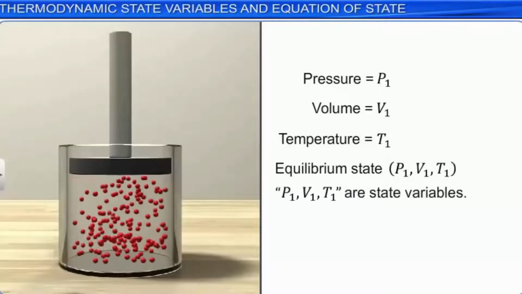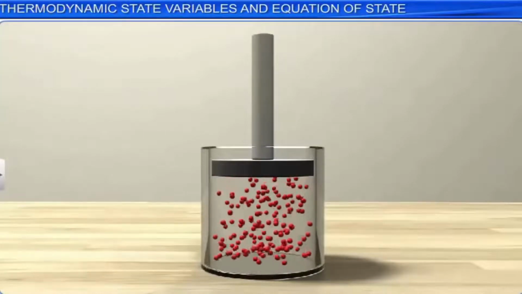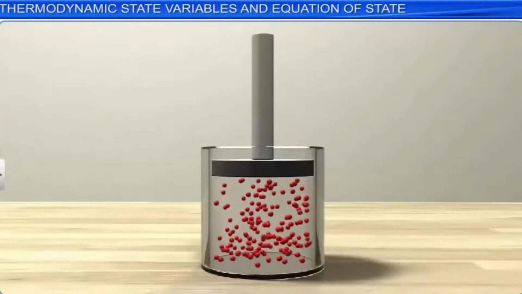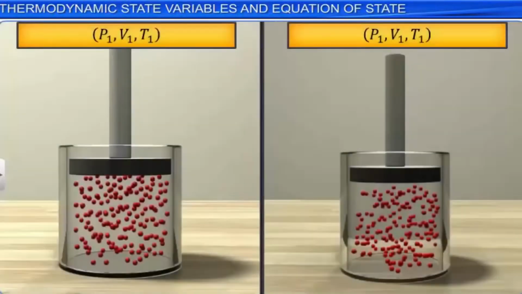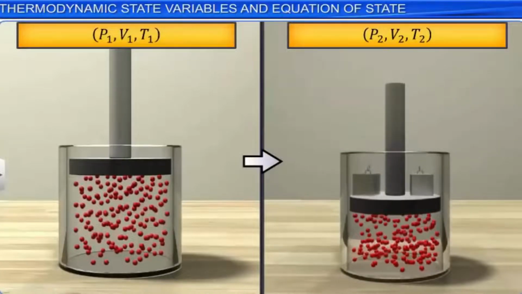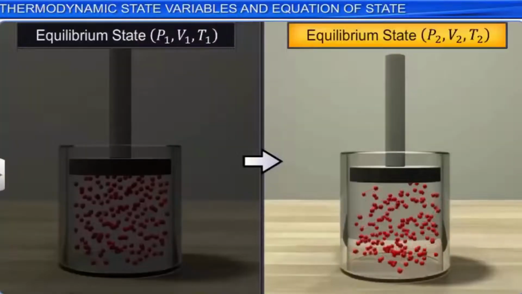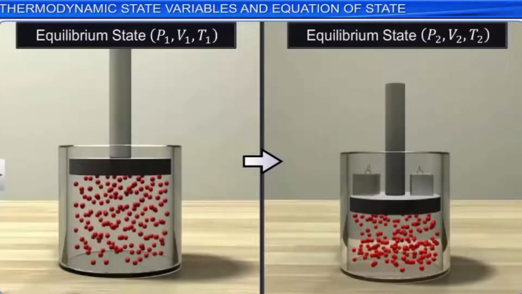During any thermal process, if the equilibrium state of a system is changed, this is described by a change in the values of the state variables. If the gas in the container is compressed, and as a result the pressure, volume, and temperature of the gas are changed from P1, V1, T1 to P2, V2, and T2 respectively, then the new equilibrium state is expressed by (P2, V2, T2).